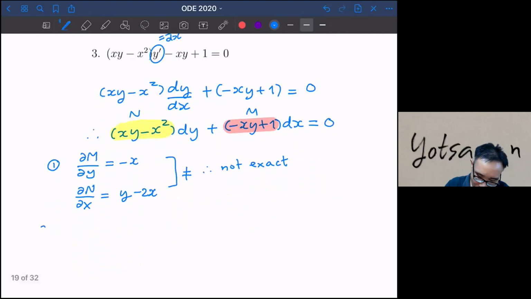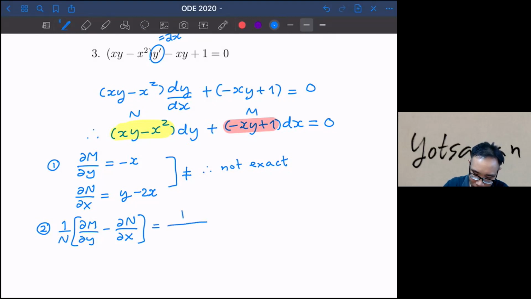And you're going to compute dM/dy subtract dN/dx, and divide by N. So this will be 1 over (xy minus x squared) times (minus x minus y minus 2x). I will leave you to do this one before I give you the solution.